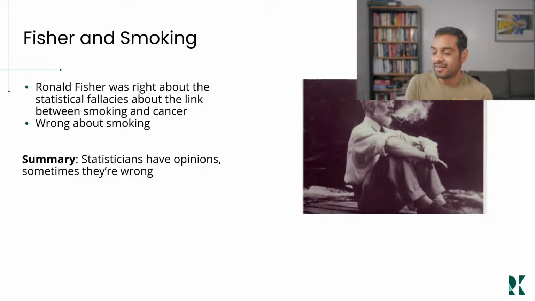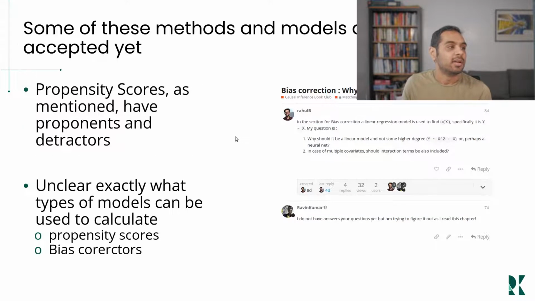Maybe he's right about the math, but wrong about the thing that matters, which is, does smoking cause cancer? And this is largely what came back again later in the chapter, not about Ronald Fisher, but some of these methods and models aren't fully accepted yet, right? So we talked about propensity score. We talked about bias correctors.